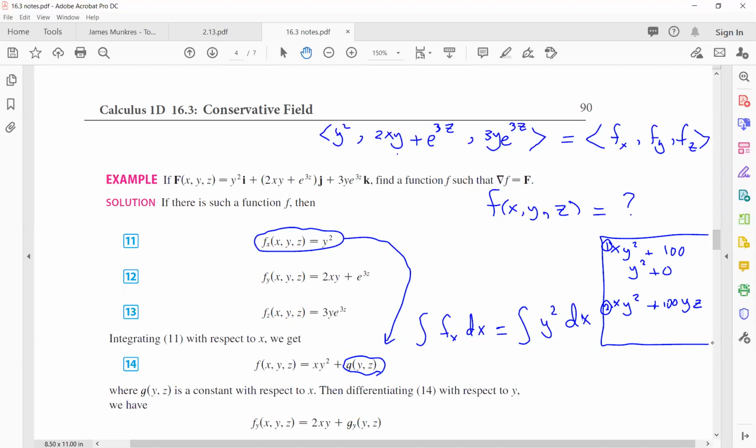The partial derivative with respect to x is y squared, again 0. So you have to consider a general case, not just a constant or a number like 100. This is a function in y and z, so your constant of integration is a function in y and z.